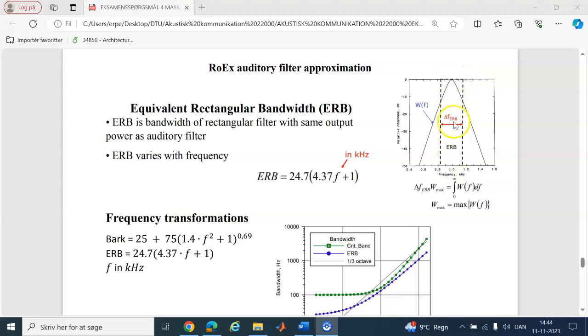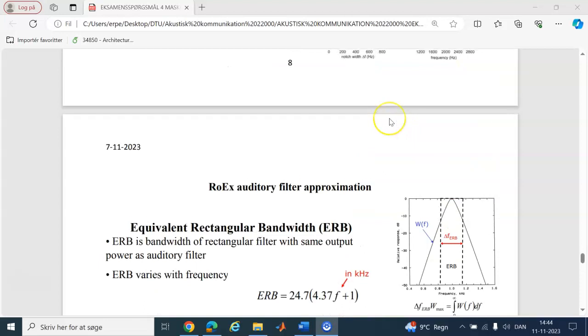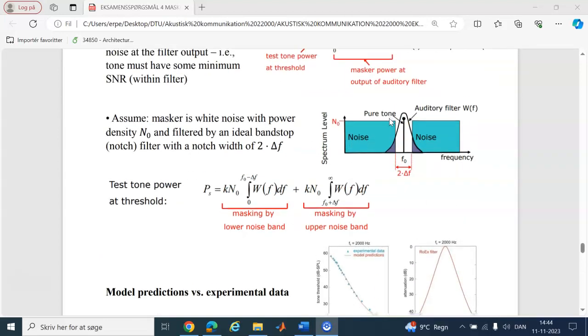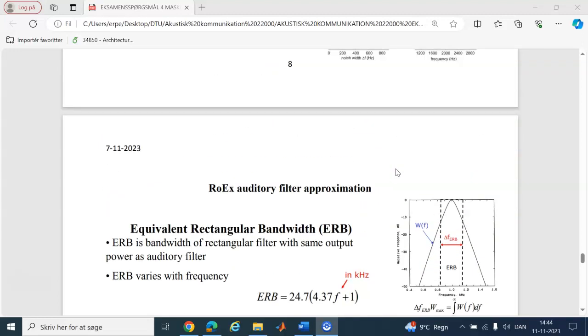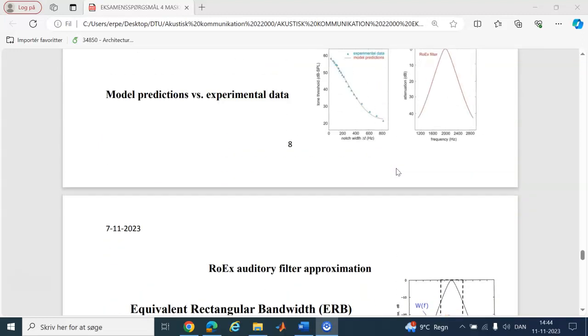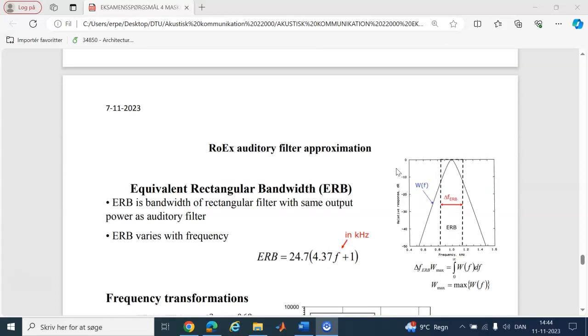One side is the ERB and the other side is the maximum of the auditory filter. This area is equal to the area under the whole bandpass filter.